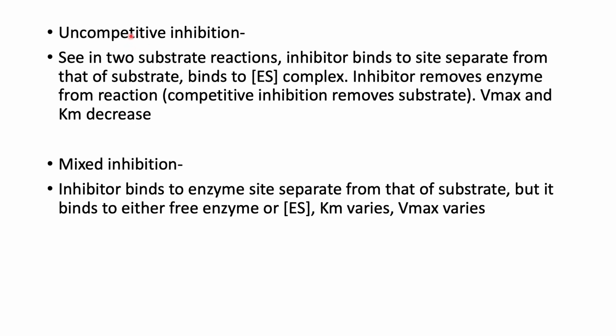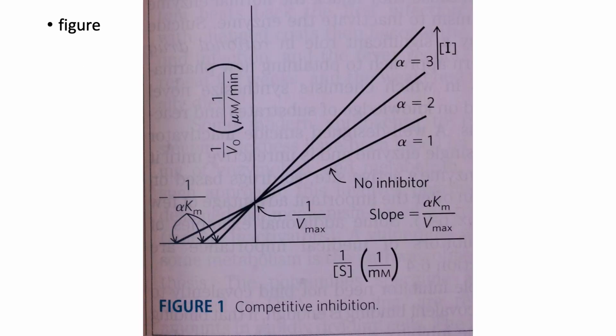So in this case, the inhibitor binds away from the binding site of the substrate and removes the enzyme from the reaction. Mixed inhibition is a case where the inhibitor binds the enzyme at a site separate from that of the substrate, but it binds either free enzyme or the enzyme-substrate complex. Vmax and Km vary under that circumstance.